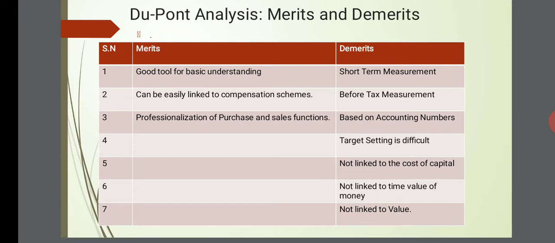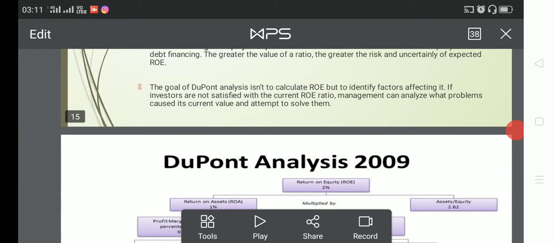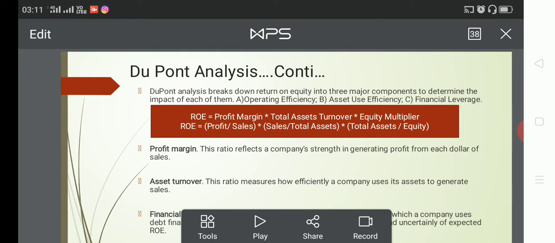Not linked to value. The valuation of the company is also not considered, because according to this DuPont analysis, if you want to increase ROE, then you can increase your equity multiplier and you can increase your ROE.